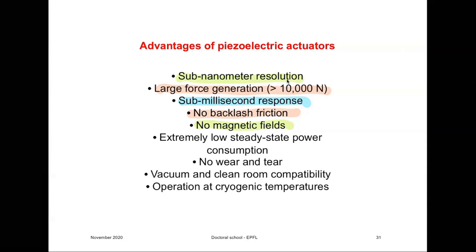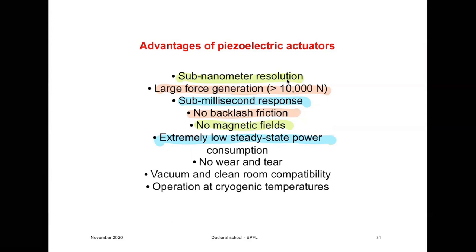They have extremely low steady state power, because they are ideally perfectly insulating. There is very little leakage, very little current involved in them. For example, you apply a DC voltage, you polarize it, you keep it there, and there will be very little current there.